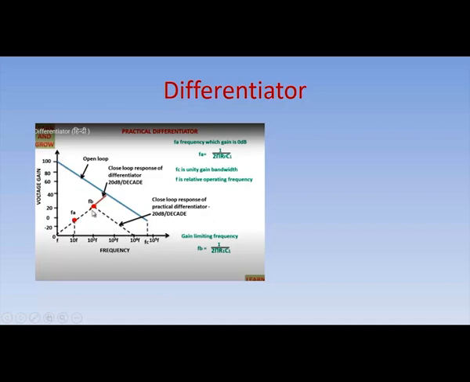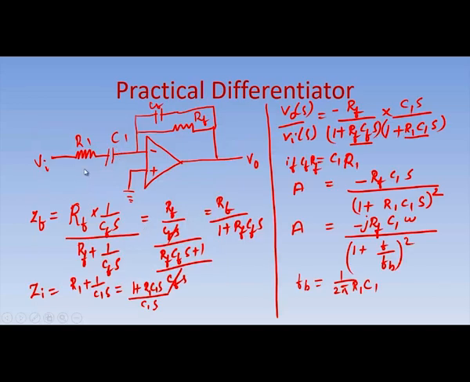So, now the gain is not going to increase with the increase in frequency, because we have used a practical differentiator. Also, at the input of the practical differentiator, the capacitive effect is very low for a higher frequency. We said that in the ideal differentiator the circuit will be sensitive to the high frequency noise.